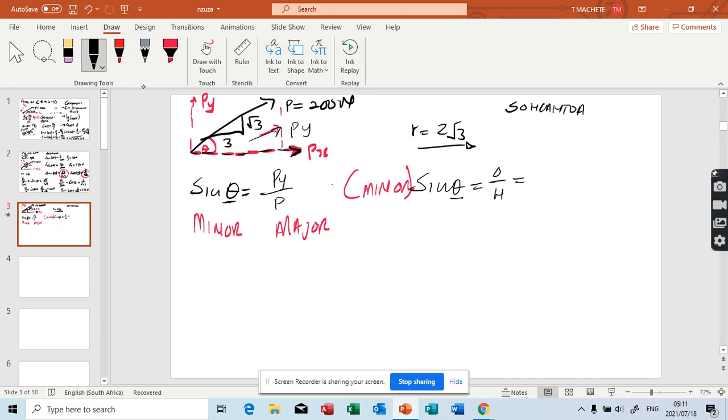Root 3 over 2 root 3. So where there's sine theta, you're going to replace that with root 3 over 2 root 3. What you need to know is that just because you're not given that angle, instead of writing sine theta or sine 30, you're going to write those values for the minor right angle triangle.